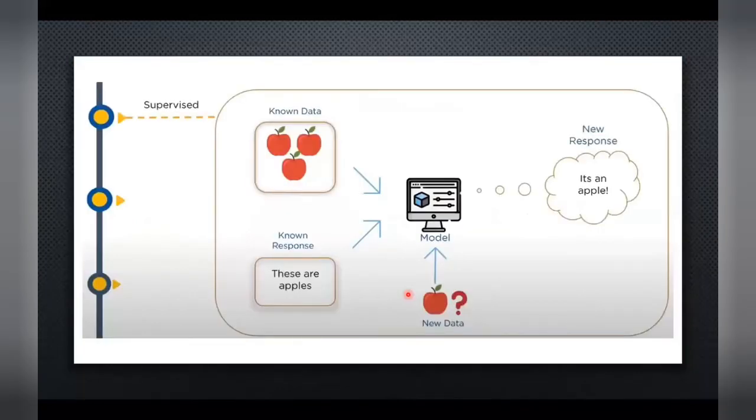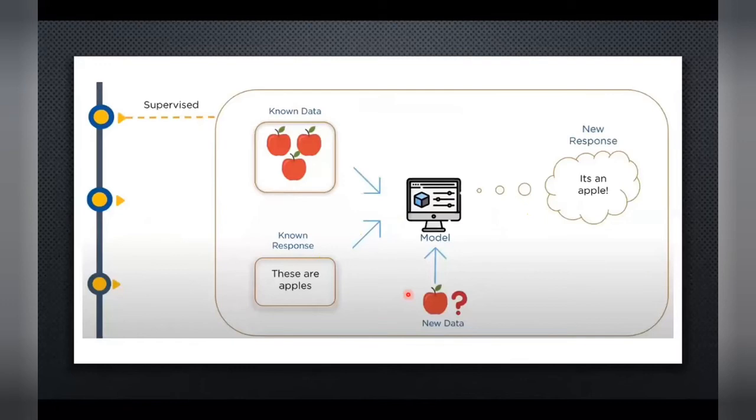So let's explain what supervised learning is. If I have a picture of an apple and I send it through an algorithm in the computer, and I tell the algorithm, these are apples, it will make on its own the defined algorithm and a predictive output by looking at the shape, size, and color.